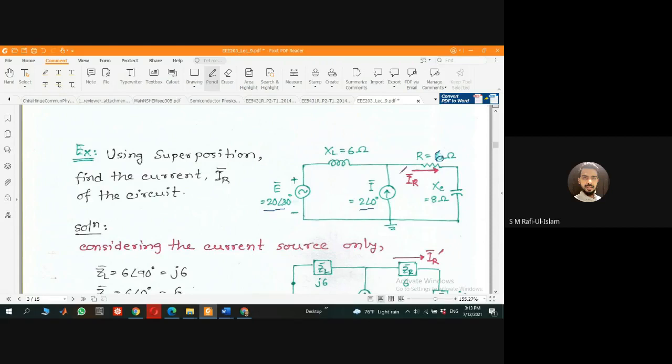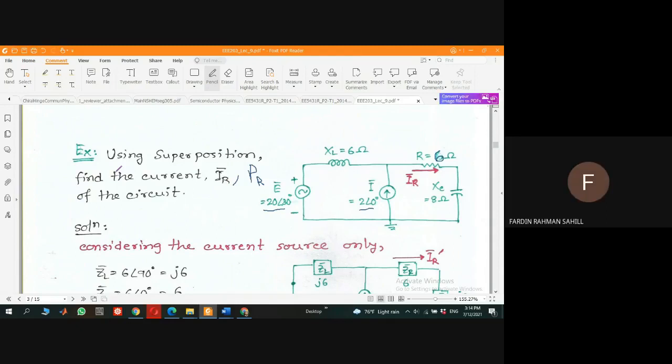As I said earlier, using the superposition theorem we can calculate only currents and voltages. In the exam I said, find the current as well as the power across the resistance. Can we calculate power using the superposition theorem? Sir, we will calculate power at the very end then.